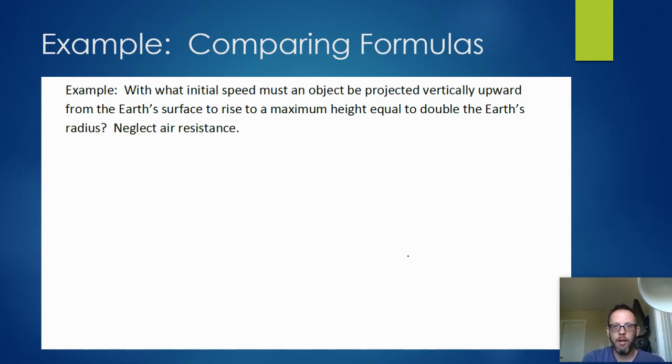So we're considering an object on the Earth's surface, and we're launching it up in the air so that, kind of like a projectile, it reaches some maximum height and then it comes back down. And we want that maximum height to be twice the radius of Earth.